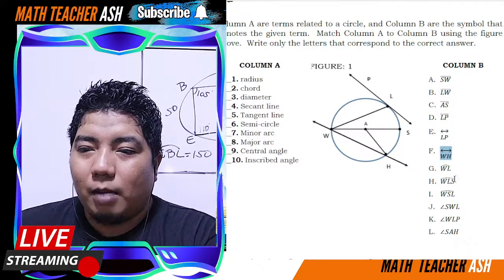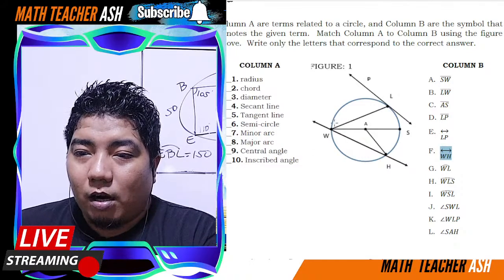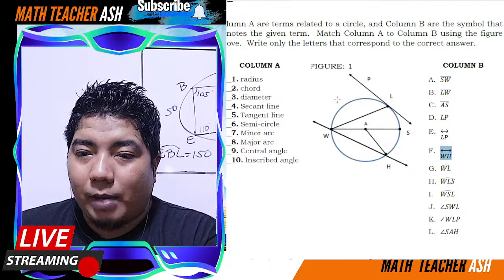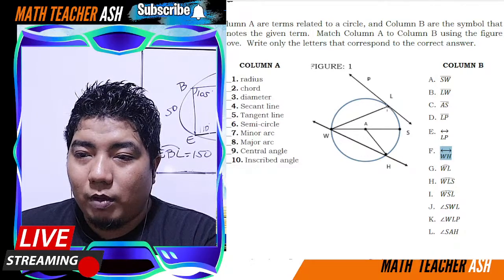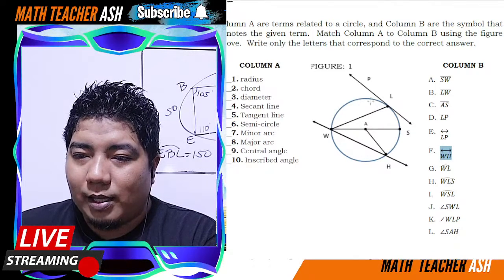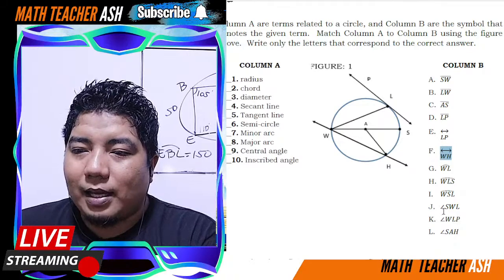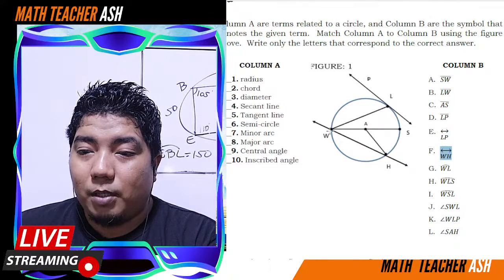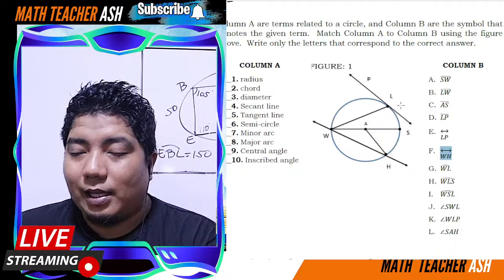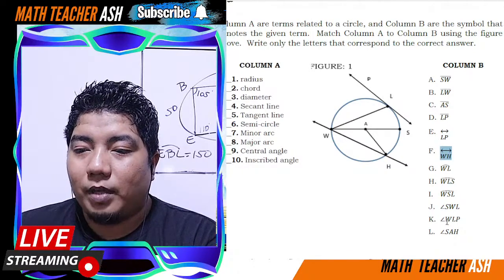Arc WL is a minor arc. WLS. WLS is a semicircle. Angle SWL. Okay, that is an inscribed angle.